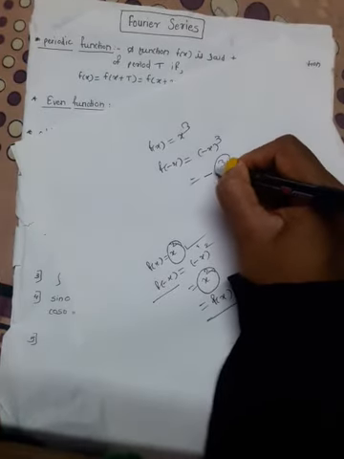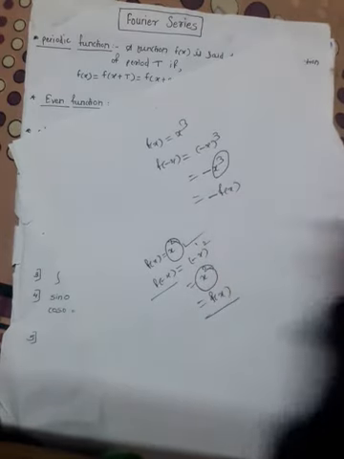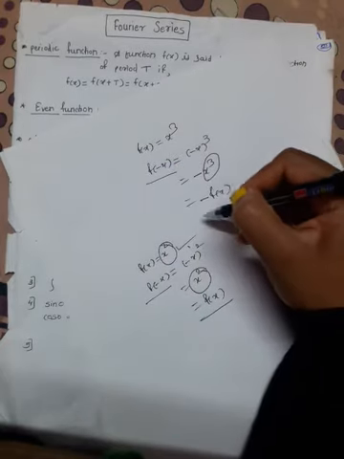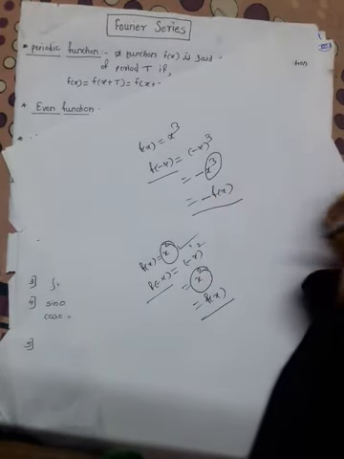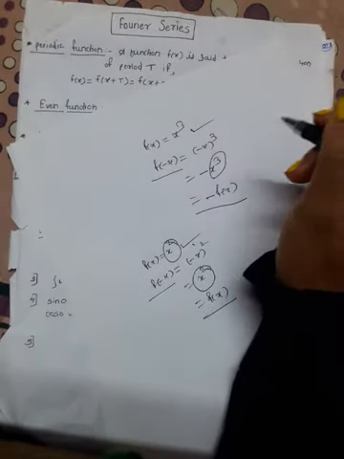This is minus the original function f of x. That's why f of minus x in this case is equal to minus f of x. Such functions are called odd functions.